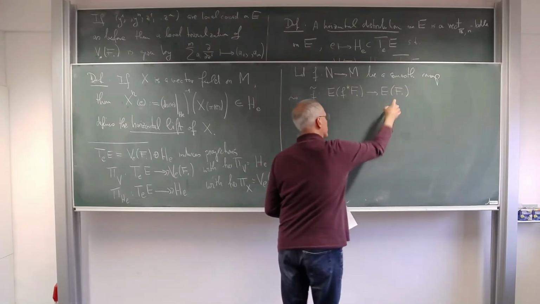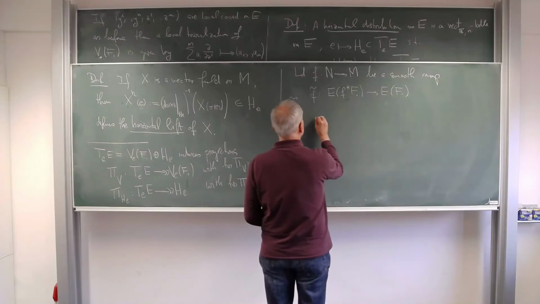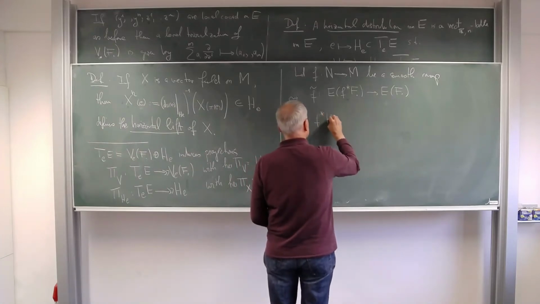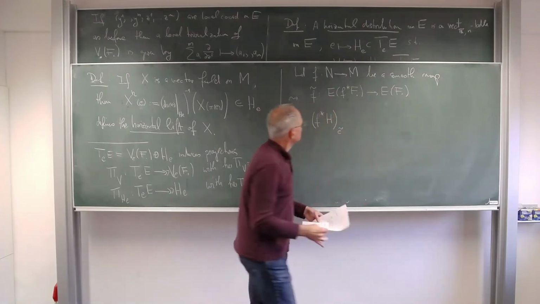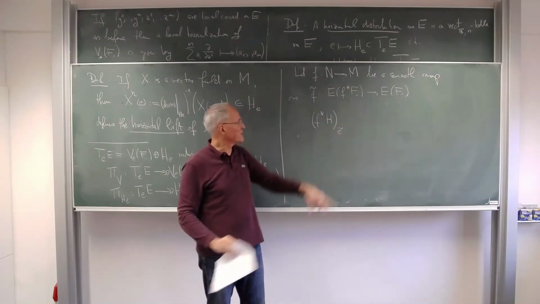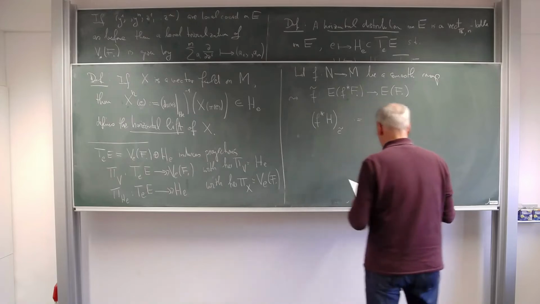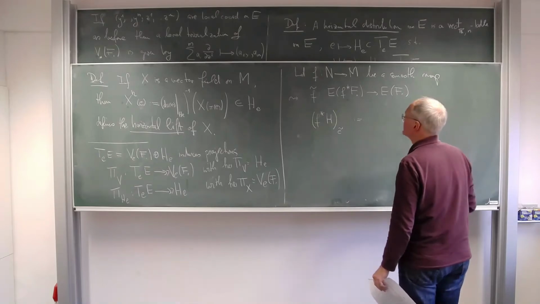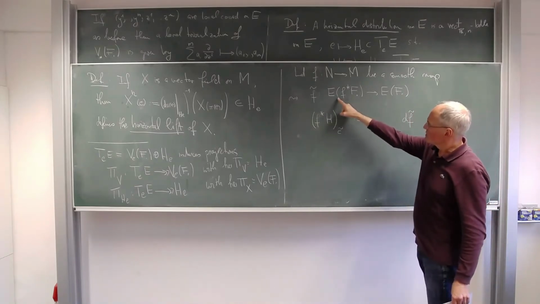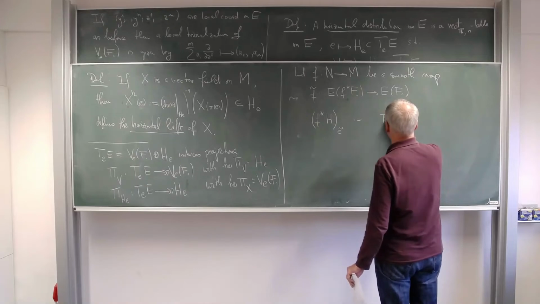This is over N, this is over M. And now, if we write down the pullback of this horizontal distribution, evaluated at some point E tilde in the total space of the pullback bundle, I define this as: take the differential of the map F tilde, which goes from tangent vectors here to tangent vectors there, and then project to the vertical part.